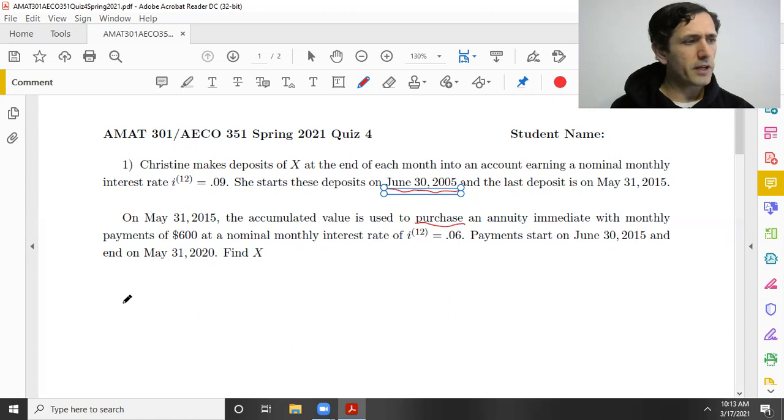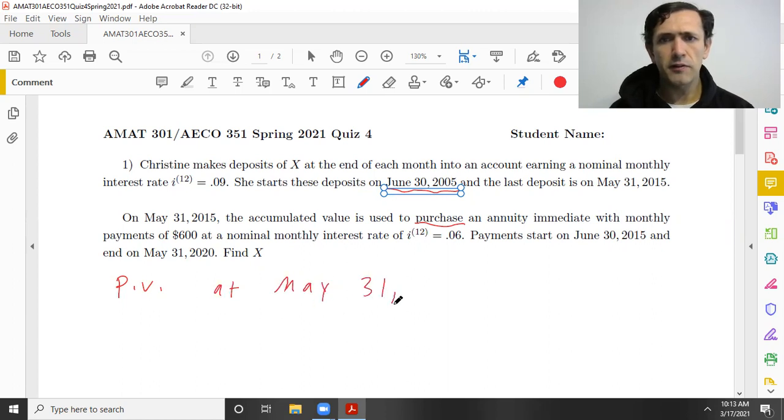All right. So let's figure out the annuity price. As I mentioned, the annuity price is just the present value at May 31st, 2015, for this annuity. Basically the same as up here. The payment periods start June 1st, May 31st.